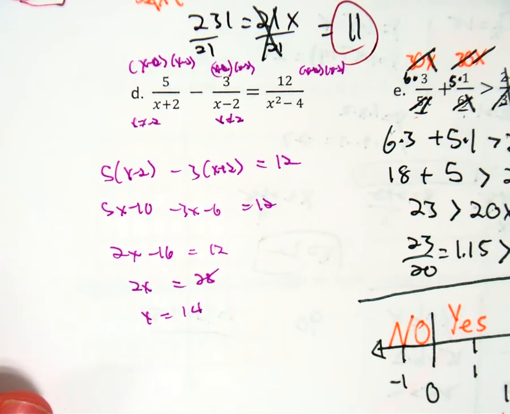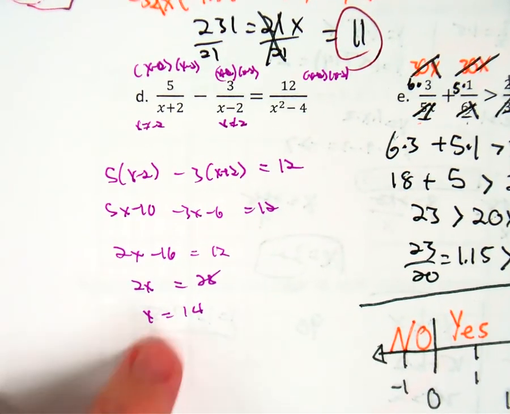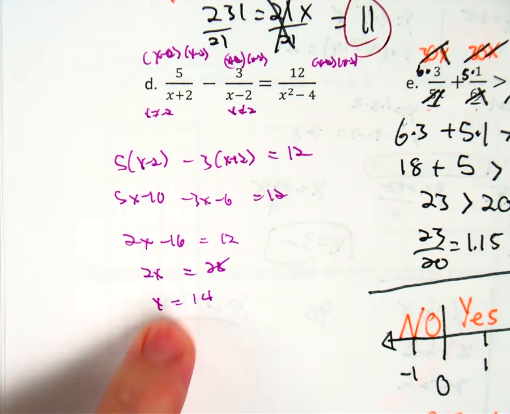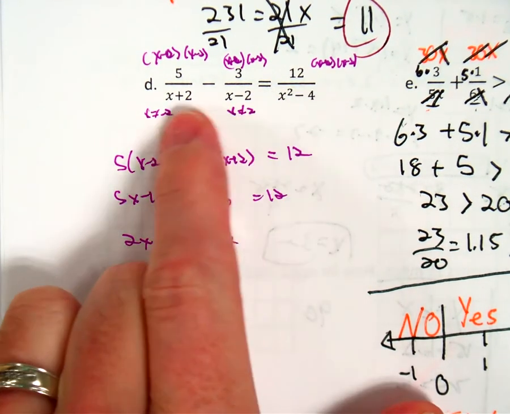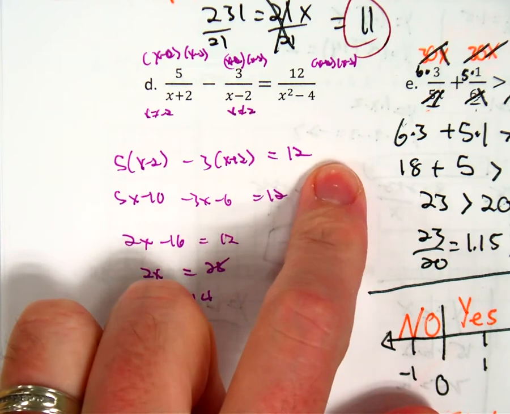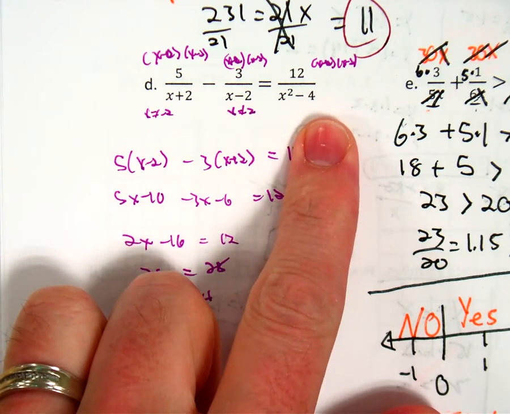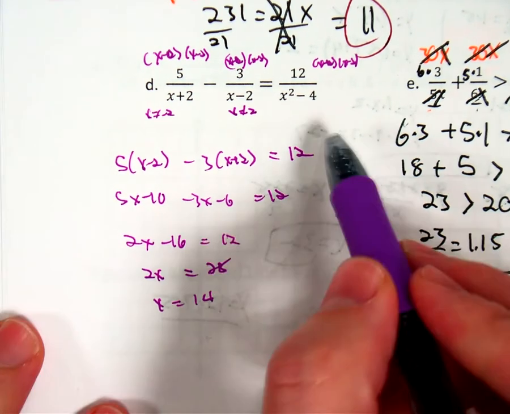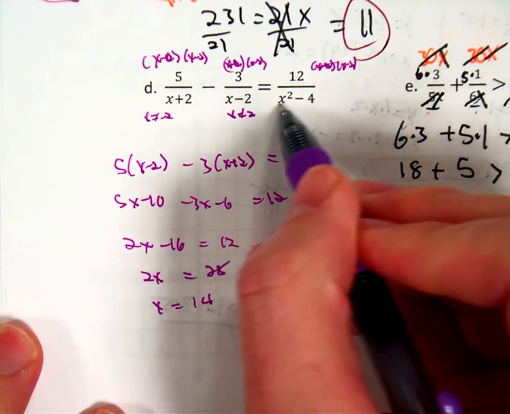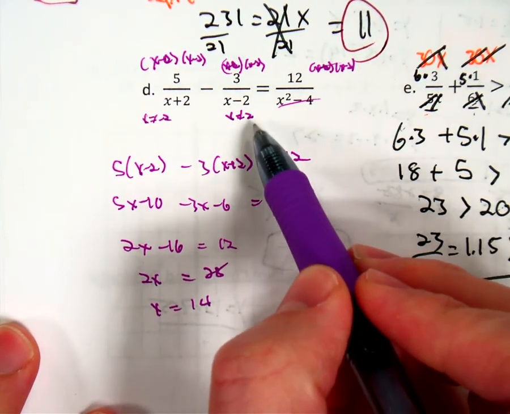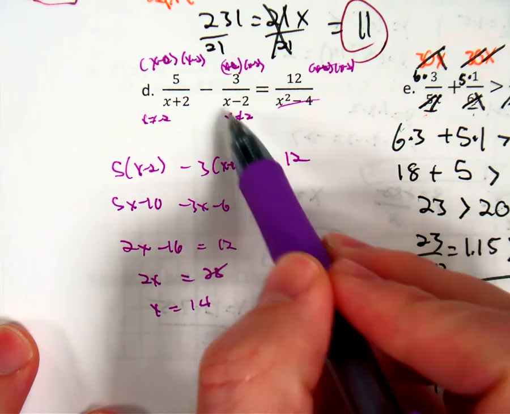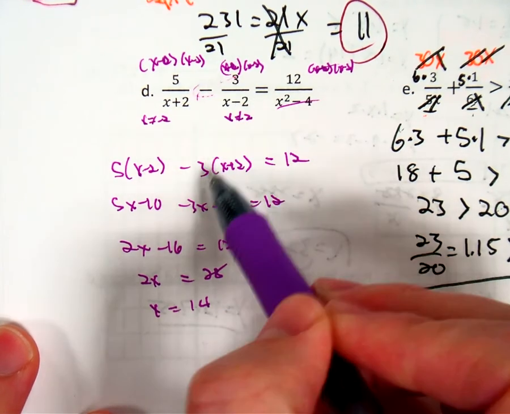Welcome back. Let's see if you were able to get down to 14. X plus 2, x minus 2. And this one is also x plus 2, x minus 2. So that's going to cancel out. X minus 2's cancel out. Don't forget now, negative goes with a 3.